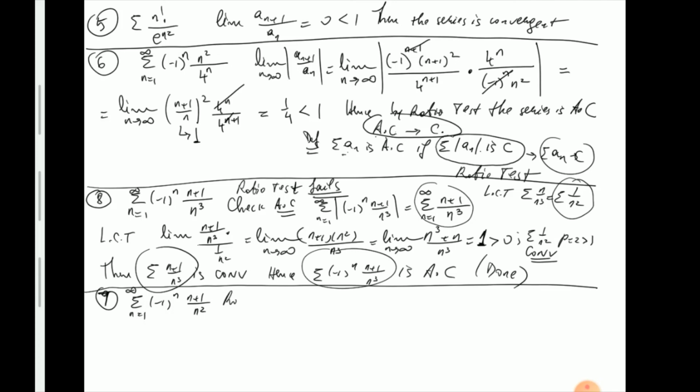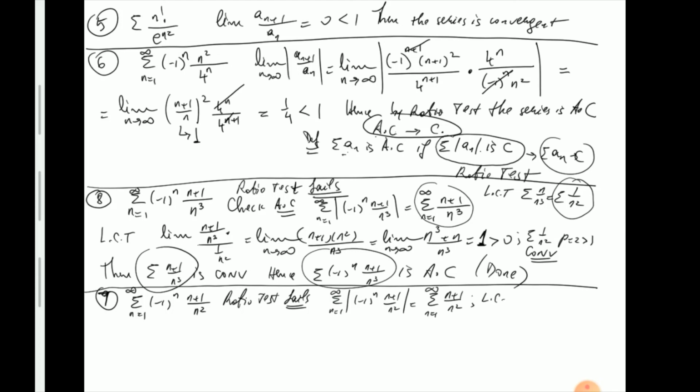Again, the ratio test fails. So we're going to follow essentially the same procedure. So we take the series with positive terms, we apply the absolute value, and we get this.